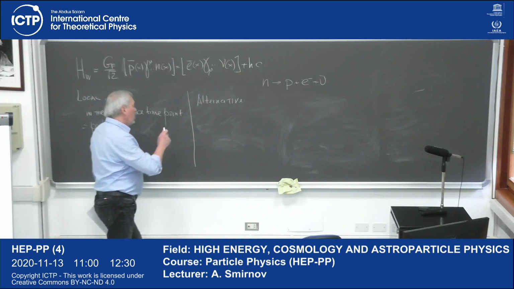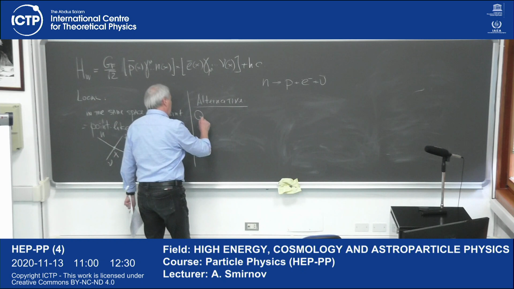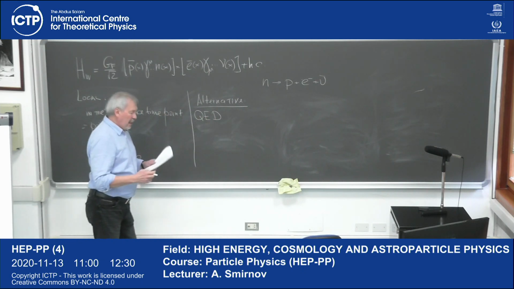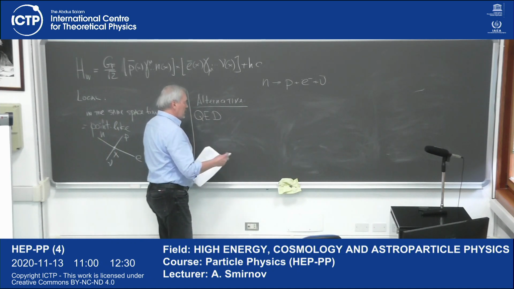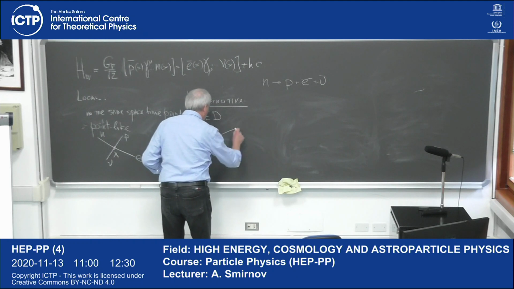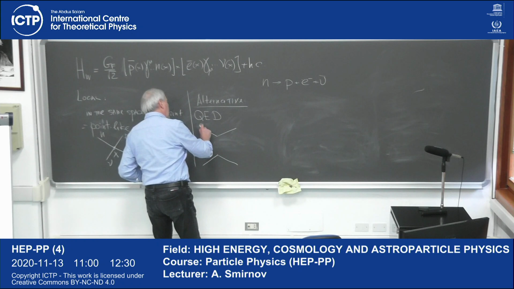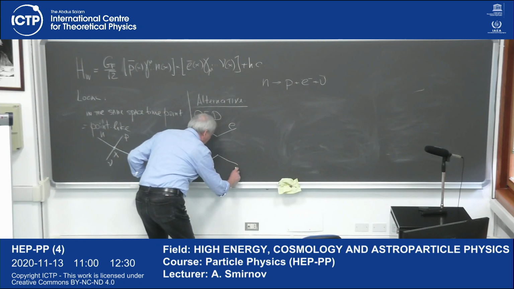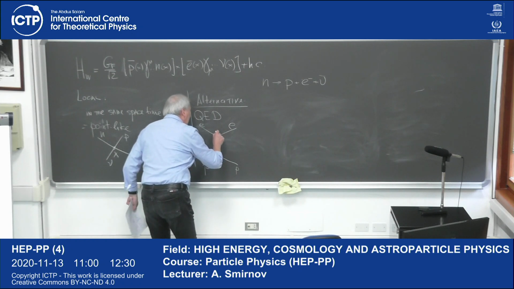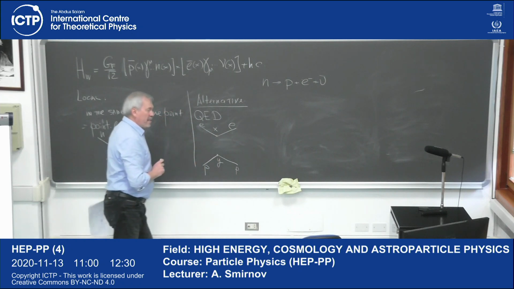And here we can again look at the same analogy with quantum electrodynamics. In quantum electrodynamics, we have processes of scattering, for instance, electron on proton. So again, we have currents, but they are taken at different space-time points, x and y.